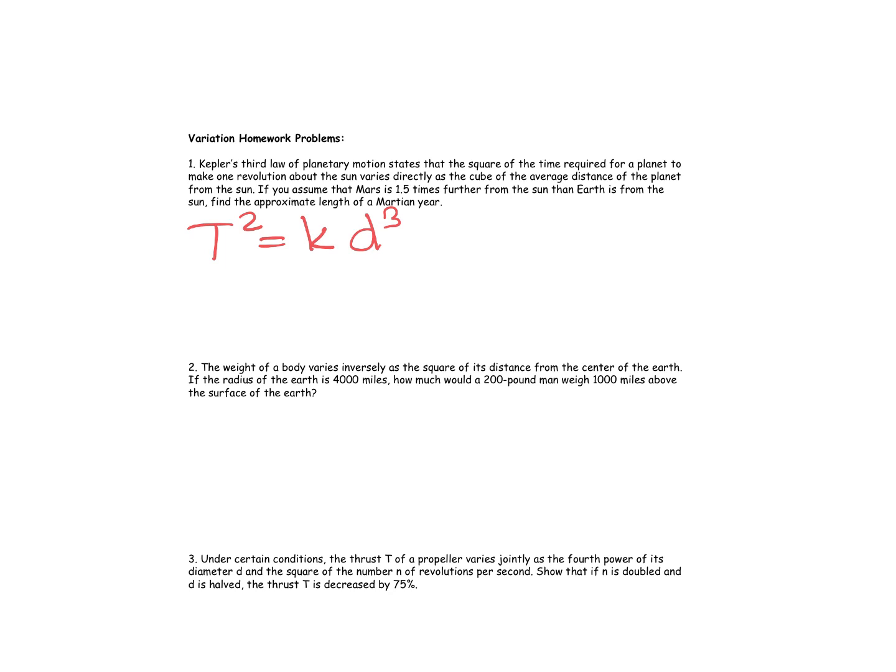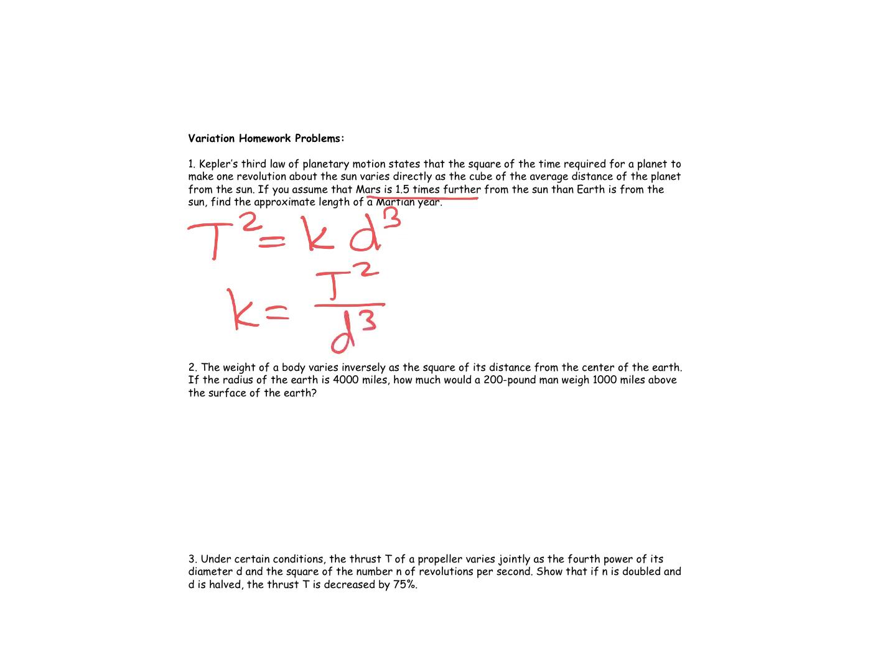And it says, if you assume that Mars is 1.5 times further from the sun than Earth is from the sun, find the approximate length of a Martian year. Okay, so not much information given here, but let's solve for k. So k in this case would be equal to T squared over D cubed.